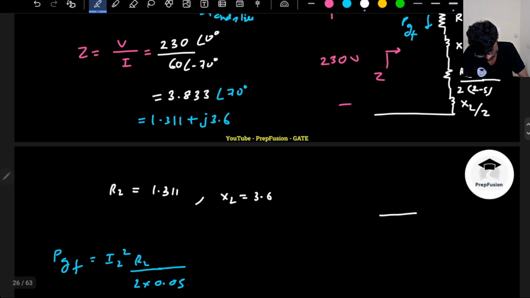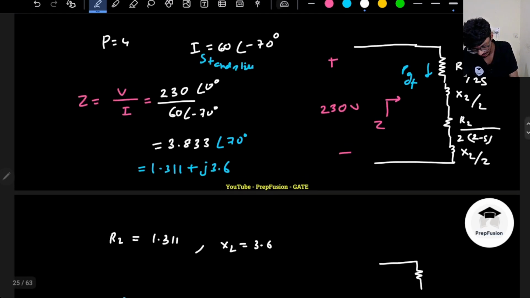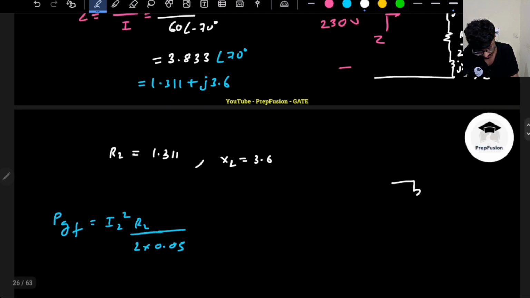X2 divided by 2 will not change. If I draw the equivalent circuit, this X2 by 2, X2 by 2 will always be added, so they will not have any problem. This will always have this X2, that will be constant because that is not varying with respect to slip. This will be X2 only, that is equal to 3.6.